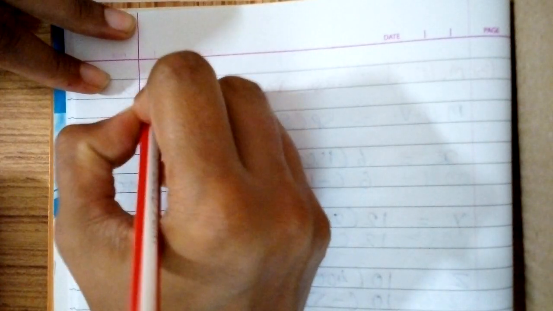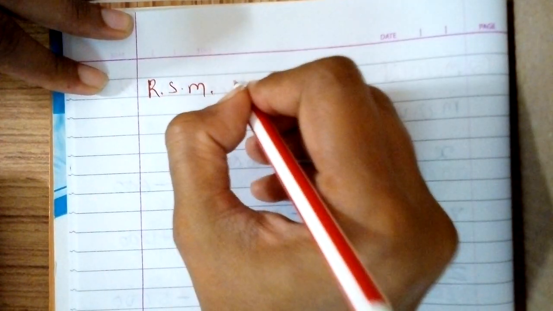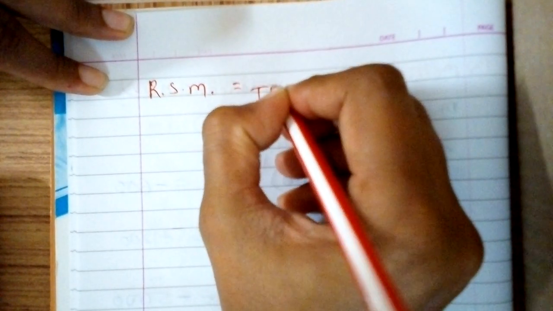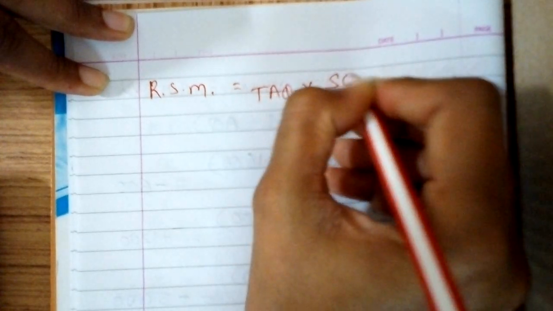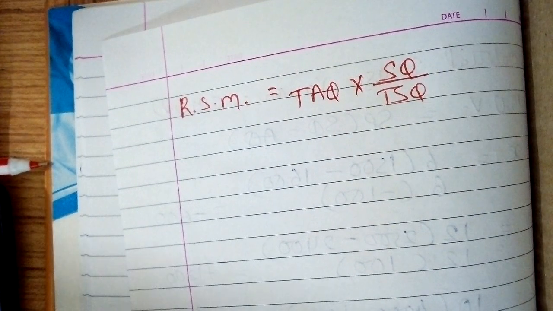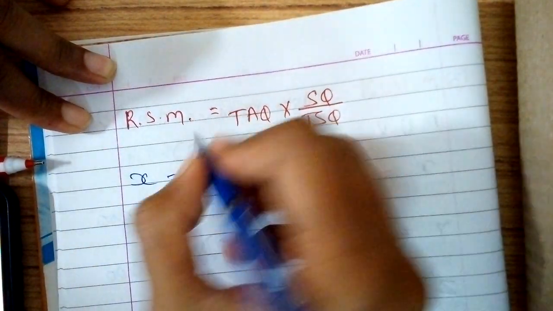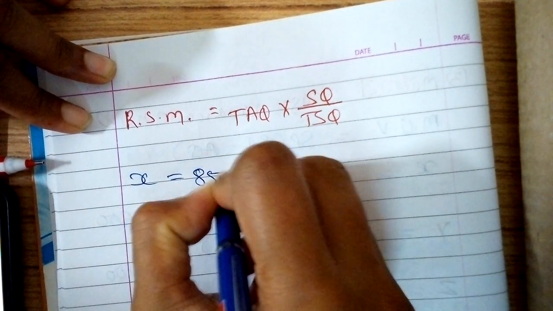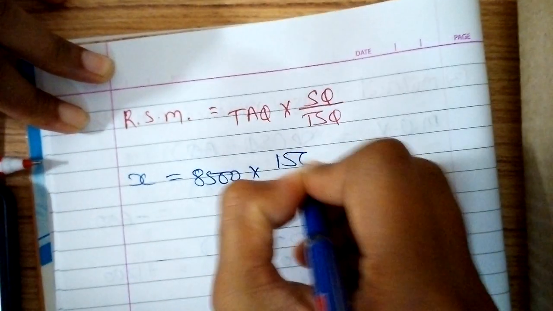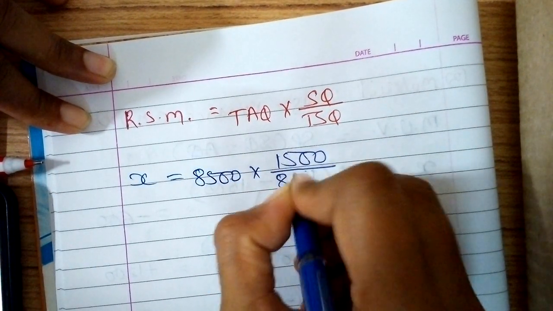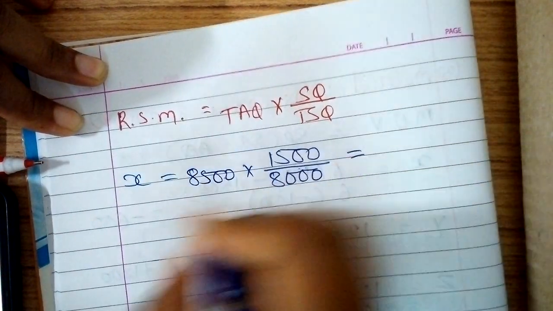So formula, revised standard mix equals TAQ into SQ upon TSQ. So for X, TAQ was 8500, 1500 divided by 8000.